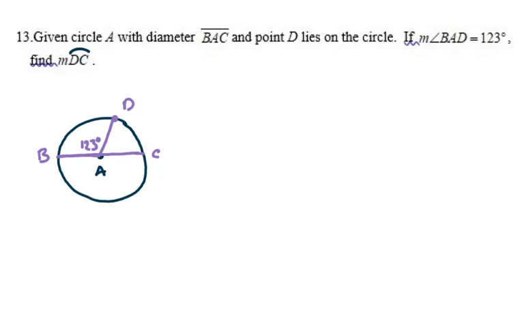So what I'm looking for is this arc right here. Angle is equal to the arc, so I know if this is a 123 degree angle, then arc BD is also equal to 123 degrees. I know this is a semicircle, so I can say that the measure of arc DC is equal to 180 minus 123, which is equal to 57 degrees.